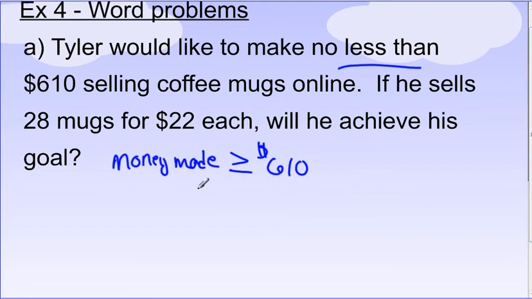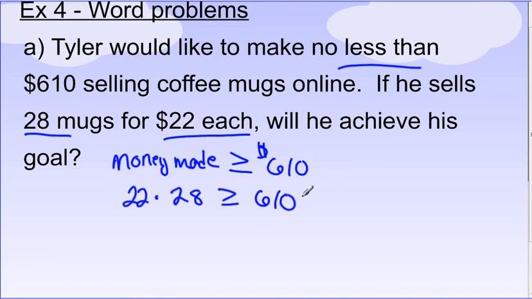Now, as far as how much money did he make? Well, he sold 28 mugs for $22 each. That's multiplication. If it's $22 28 times, so $22 times 28, we want that to be bigger than or equal to 610. And let's see. 22 times 28.